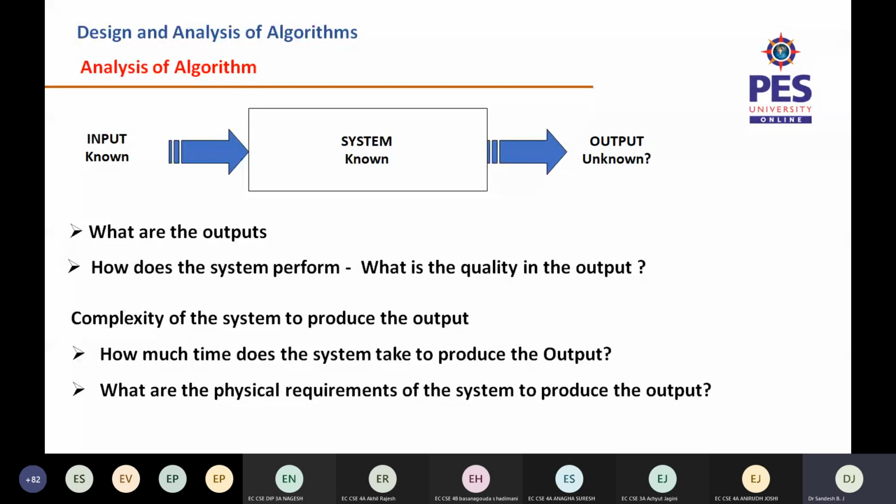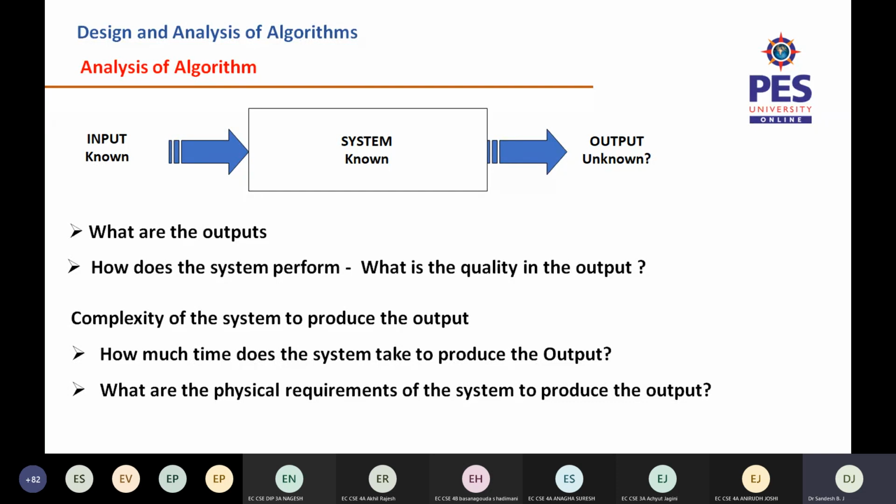You know the algorithm, that means you know the system to solve the problem. You know what kind of inputs can be given, and by giving different instances of input, you are going to get the output. You'll be interested to check the quality of the output, so that you will be able to check the correctness of the algorithm. And you will also be interested to see how the algorithm you have written to solve the problem performs.